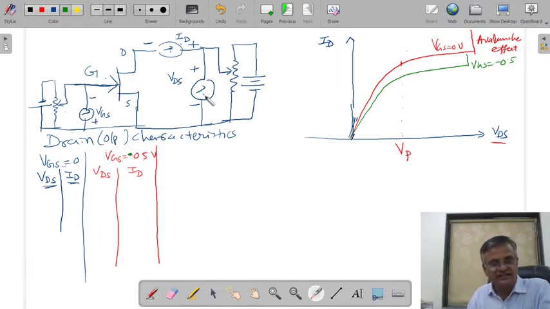Now I increase the VDS in suitable steps and the corresponding drain current is measured, then the graph of ID versus VDS is as shown in the figure. I am changing VDS from 0 up to avalanche. A similar shape is obtained, but it is shifted down.